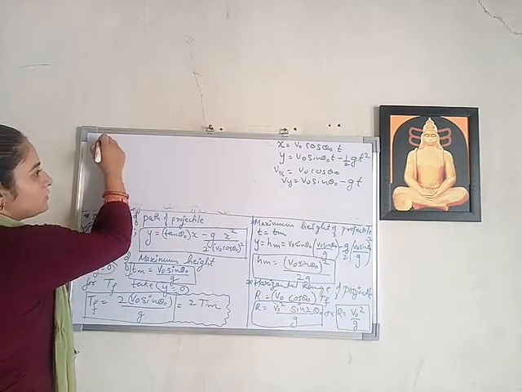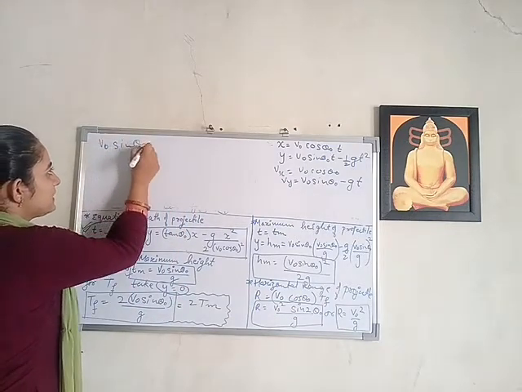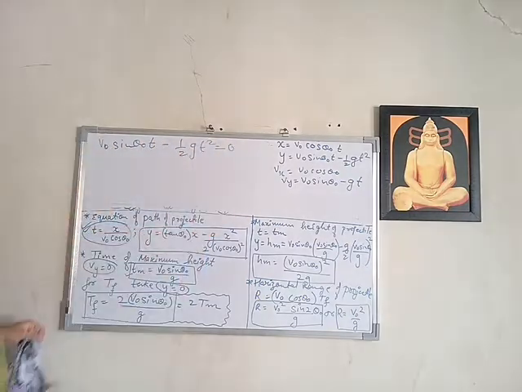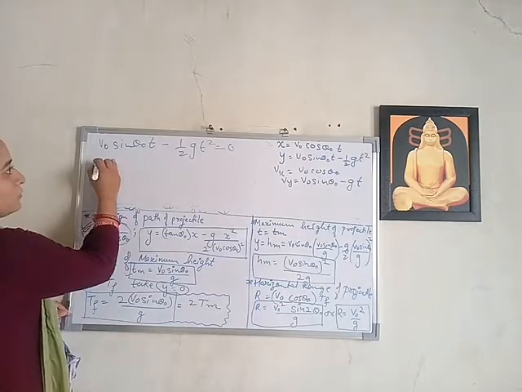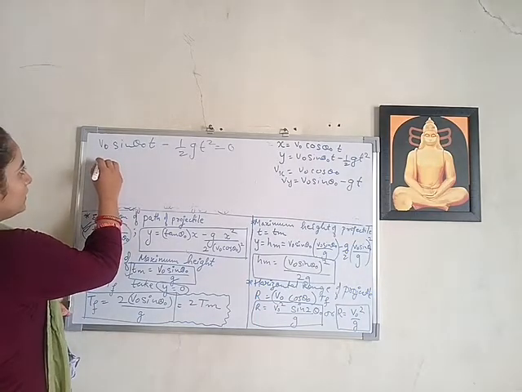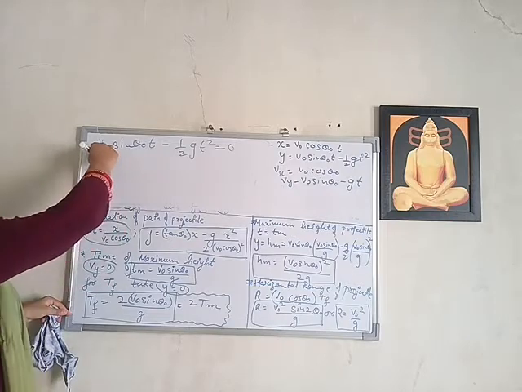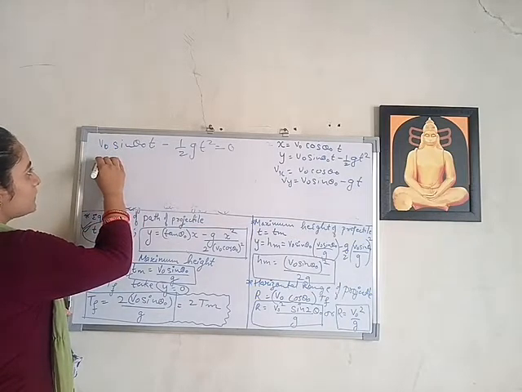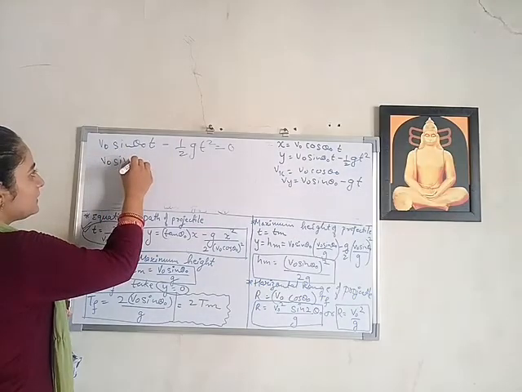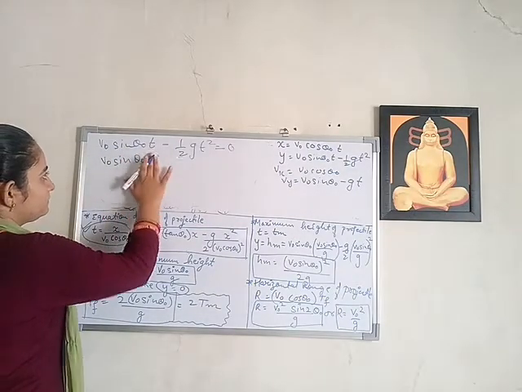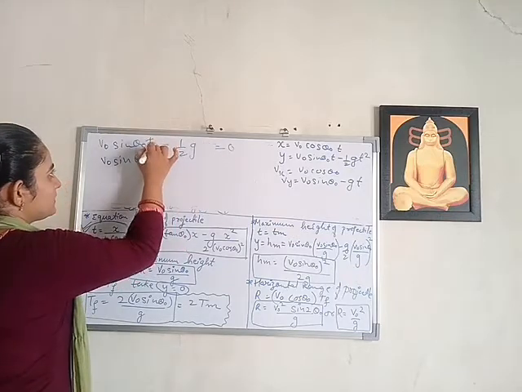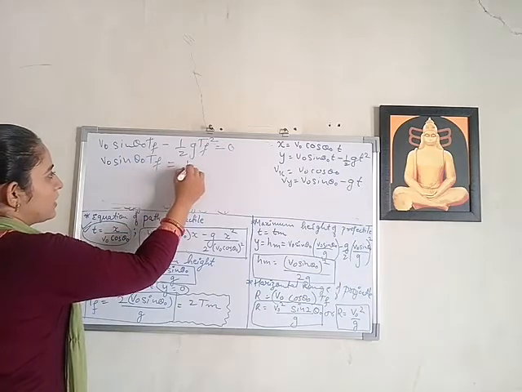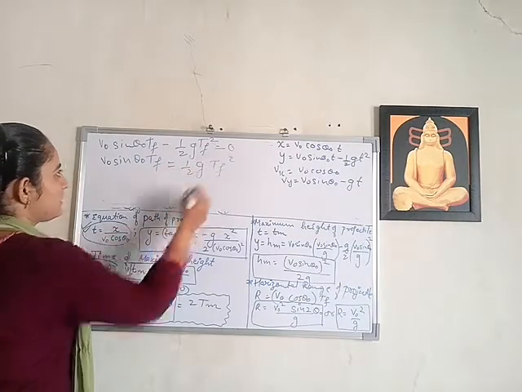Take y equal to 0, that is V0 sin theta 0 t minus half g t square equal to 0. So here, V0 sin theta 0 tf, where tf is the time of flight, equals half g tf square.